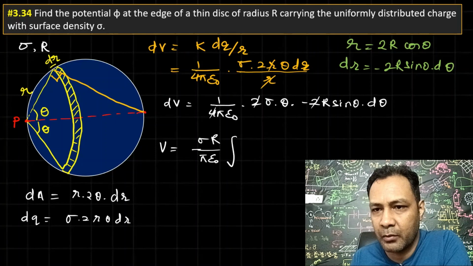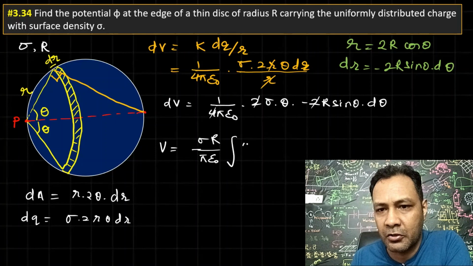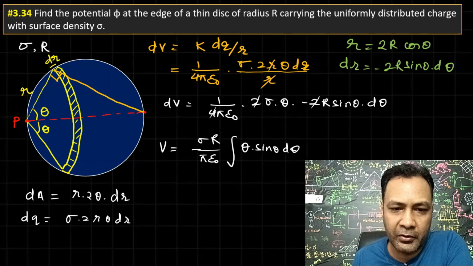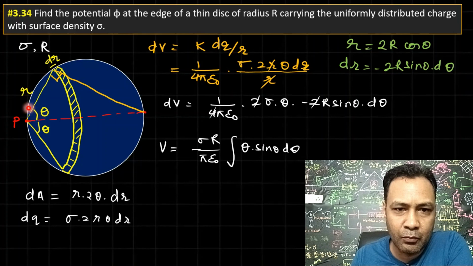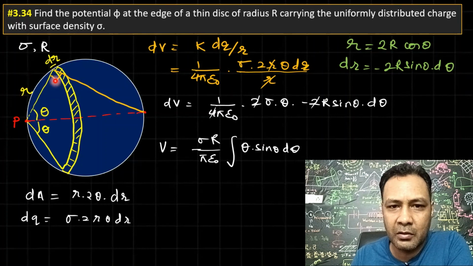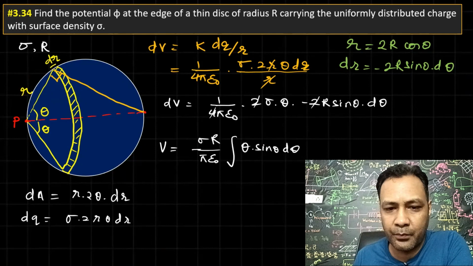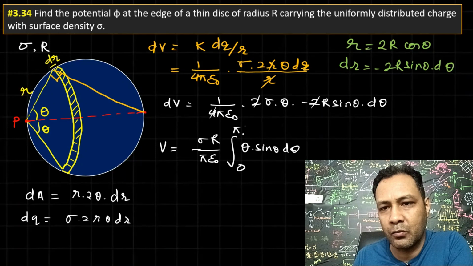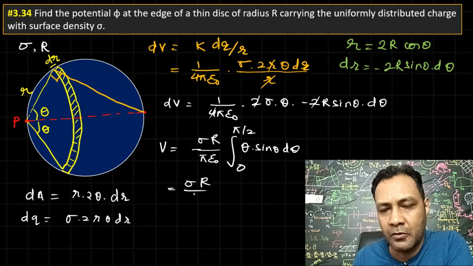So the variables inside are theta sin theta d theta and the limit of integration. As I take this theta from 0 to pi by 2, all such elements will be covered. So my integration limit would be 0 to pi by 2, and we will integrate it using integration by parts, with sigma r by pi epsilon naught outside.